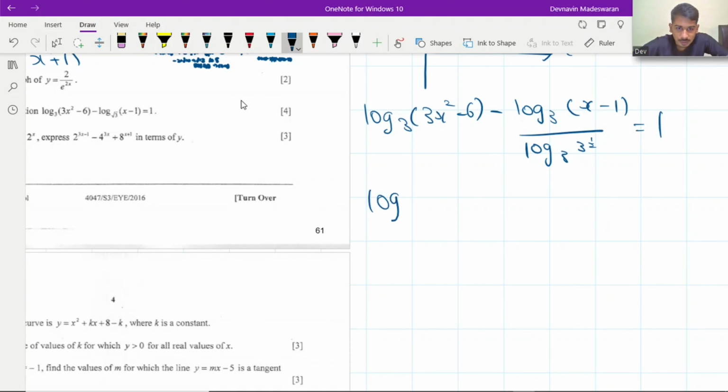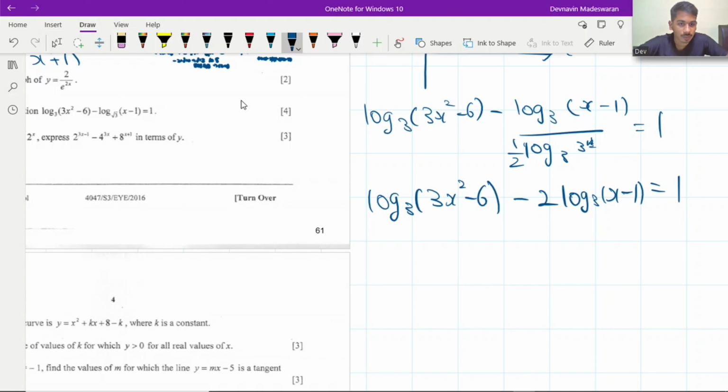So log base 3 of 3x squared minus 6, and this is just going to be half, because log base 3 of 3 is just 1, and then I can move the half down. If you divide by half, it's the same thing as multiplying by 2. So it's going to be minus 2 log base 3 of x minus 1 is equal to 1.